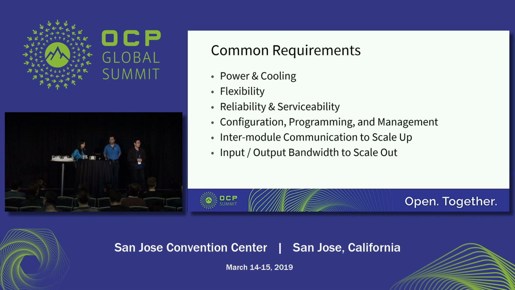The other difference is that the AI accelerators should support high-speed interconnections to make sure the bandwidth is very big and the latency is very small. So the intermodule communication is very important, and also the bandwidth between the chassis. Basically, the AI hardware system should have the ability to scale down for small workloads, scale up for middle workloads, and scale out for even bigger workloads.